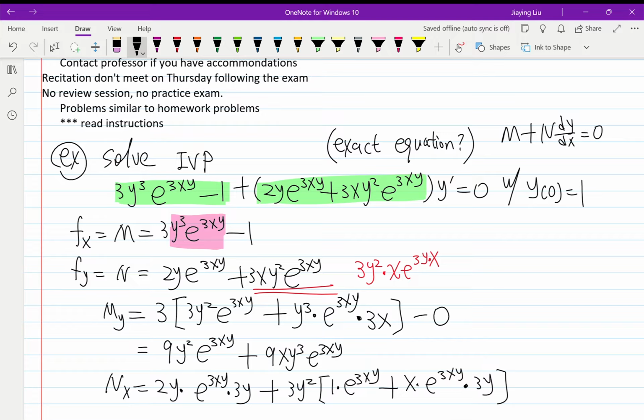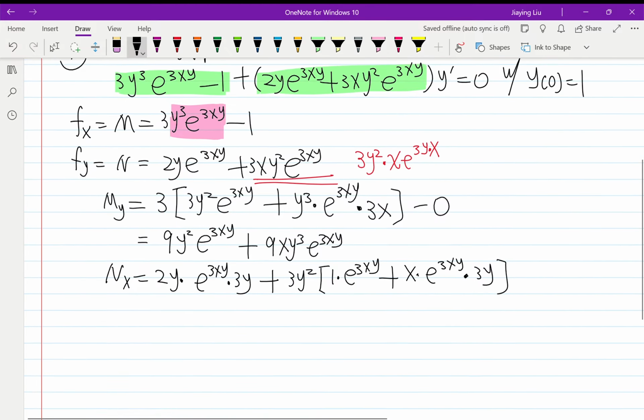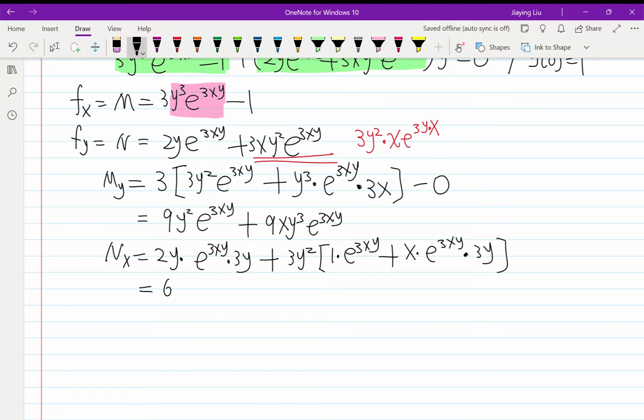So, partial derivatives, it could be confusing. When you take the derivative, you always have to keep in mind which one do I really take the derivative of? Everything else, don't worry about, just a constant. So that will be 6y squared e to the 3xy plus 3y squared e to the 3xy plus 3y squared times 3xy, that's a 9xy cubed, e to the 3xy.